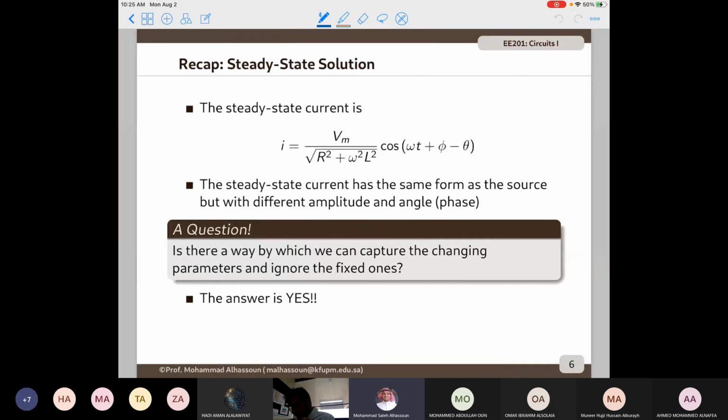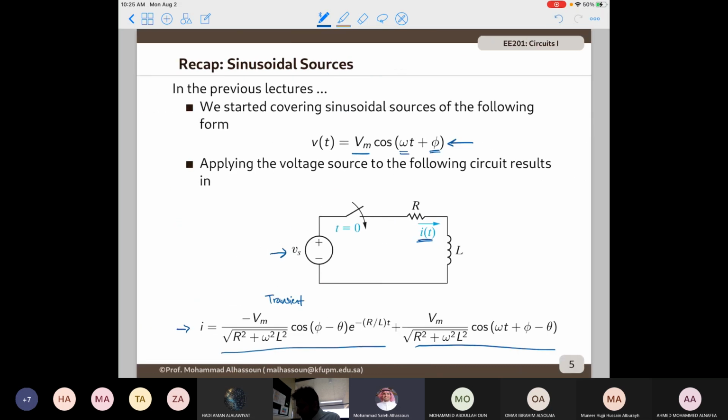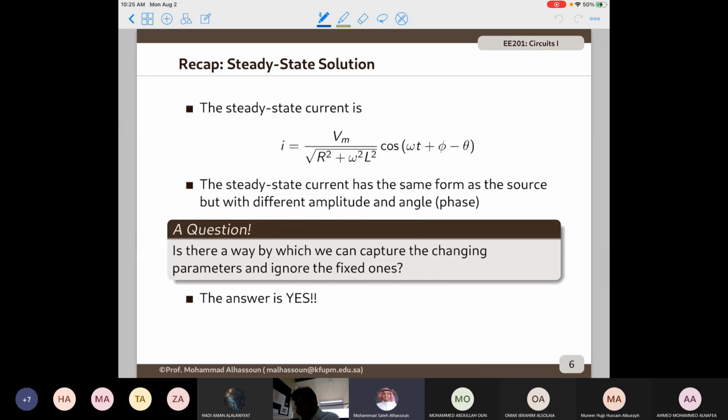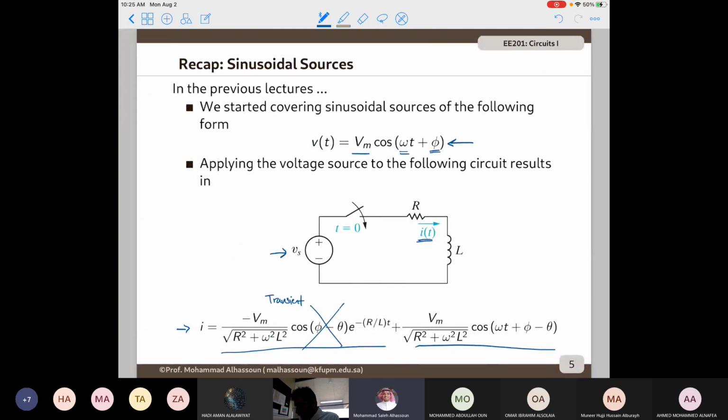Let's not focus on the transient because it's going to disappear very quickly, but let's focus on the steady state current. We notice here the steady state current has the same frequency as the voltage source.